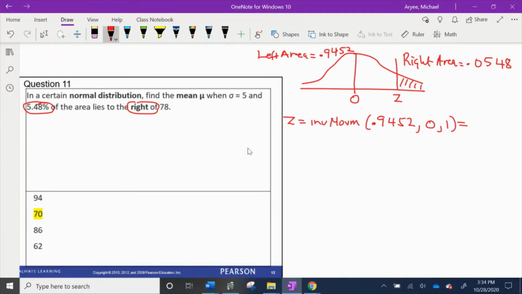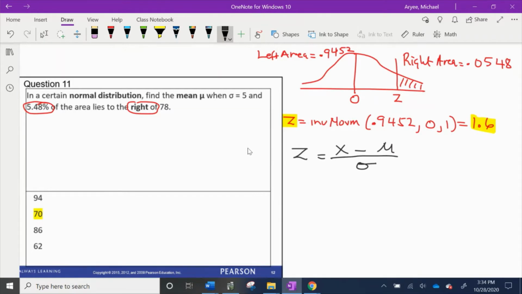Okay. I got 1.5999936, so we could make it 1.6, right? So the z is 1.6, but that is not the final answer. Now, remember that there's a formula in normal: z equals x minus mu over sigma.